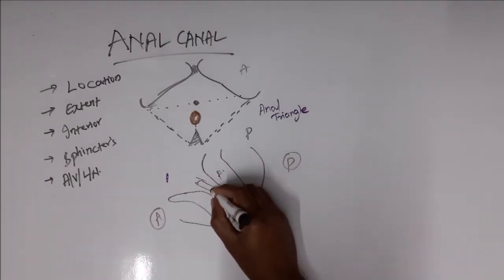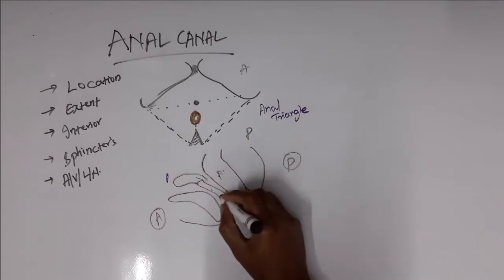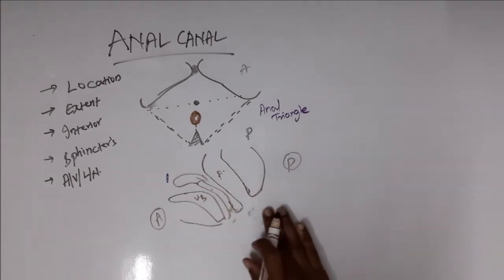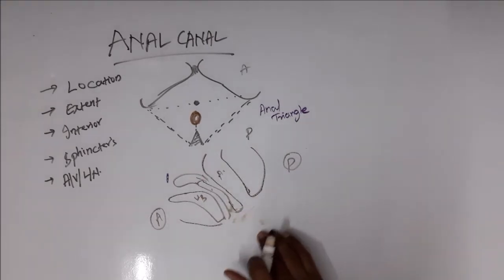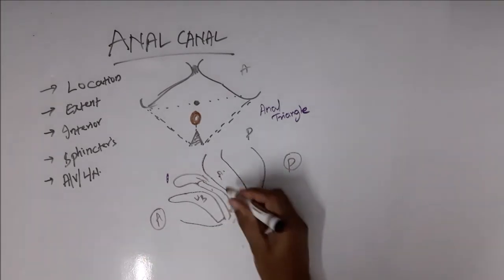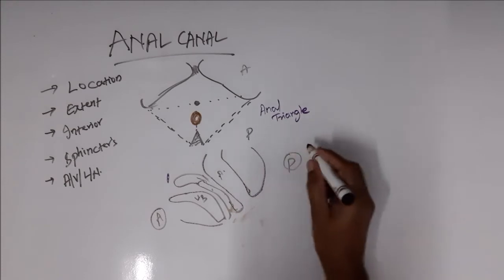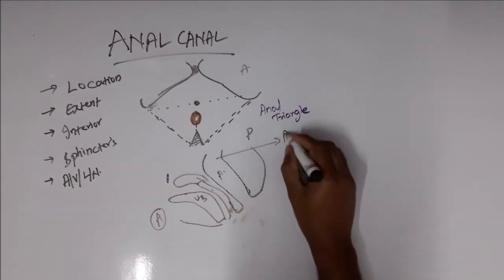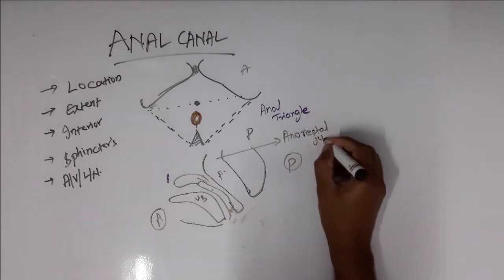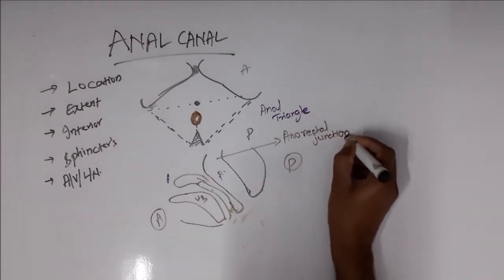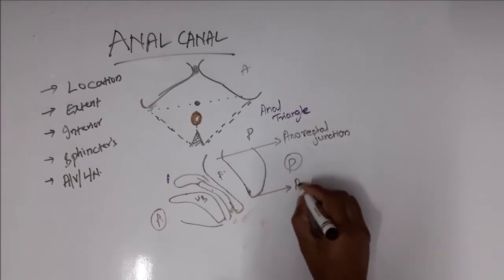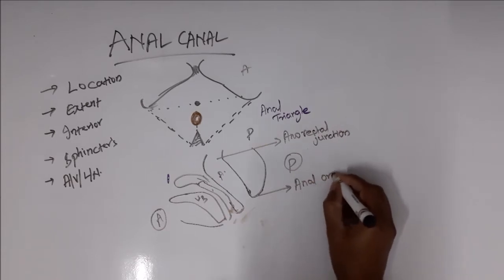This will be the uterus which continues down with the vagina, and this is the urinary bladder. This is a female pelvis, anterior and posterior. So if you see the extent of it, it starts from the anorectal junction, and from there the lower end is near the anal orifice.